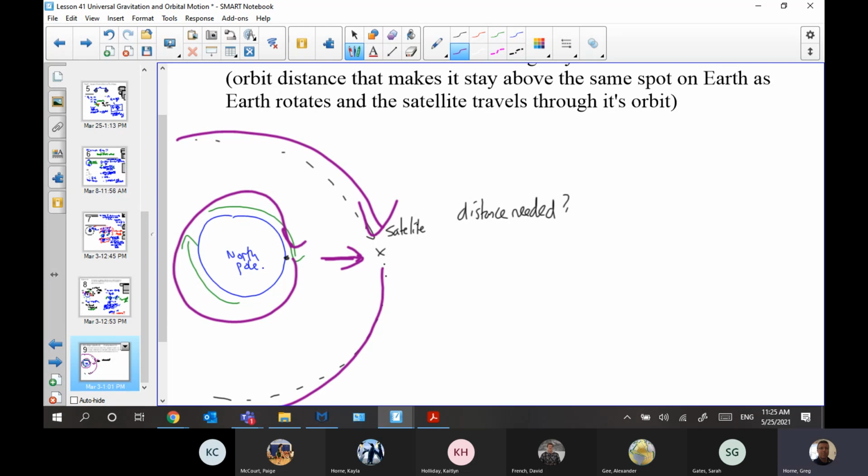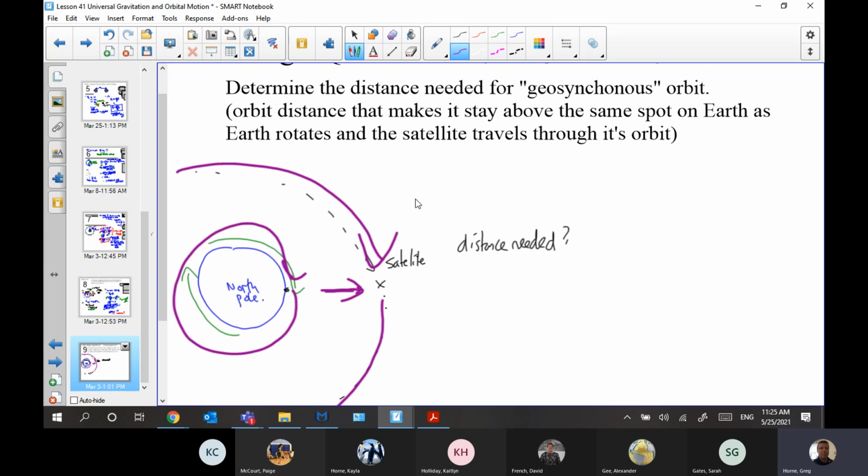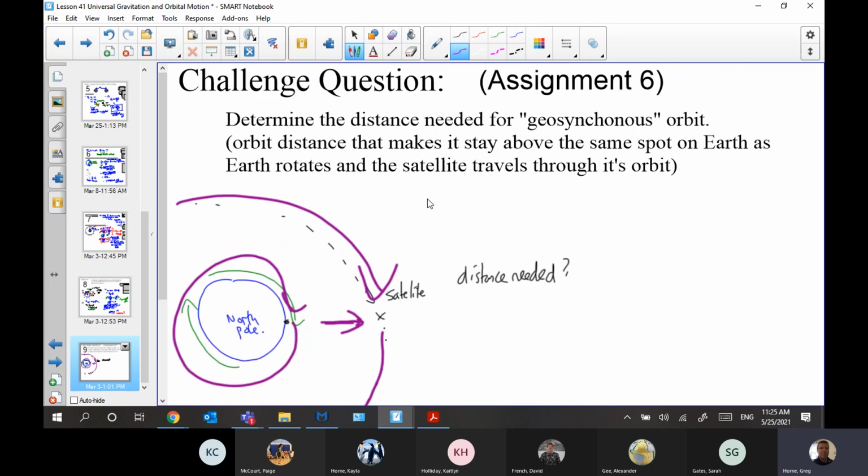What I'm asking is, determine the distance needed for geosynchronous orbit. In other words, what height does it need to be at? What height's needed for geosynchronous orbit?